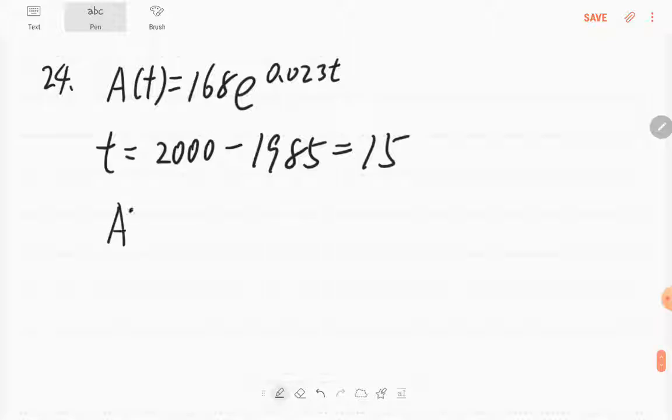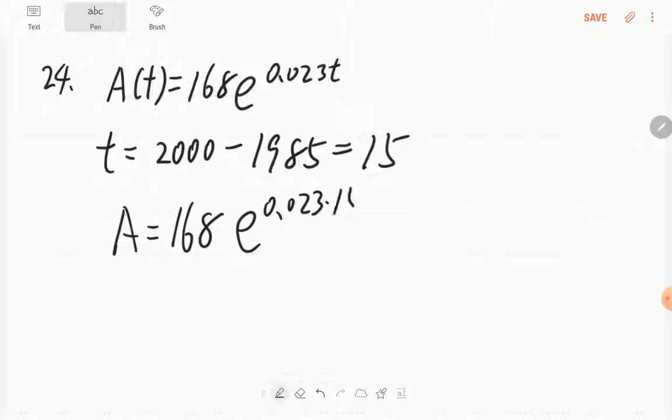So A is the population. A is equal to 168 times e to the 2.023 times 15. So you use a calculator.